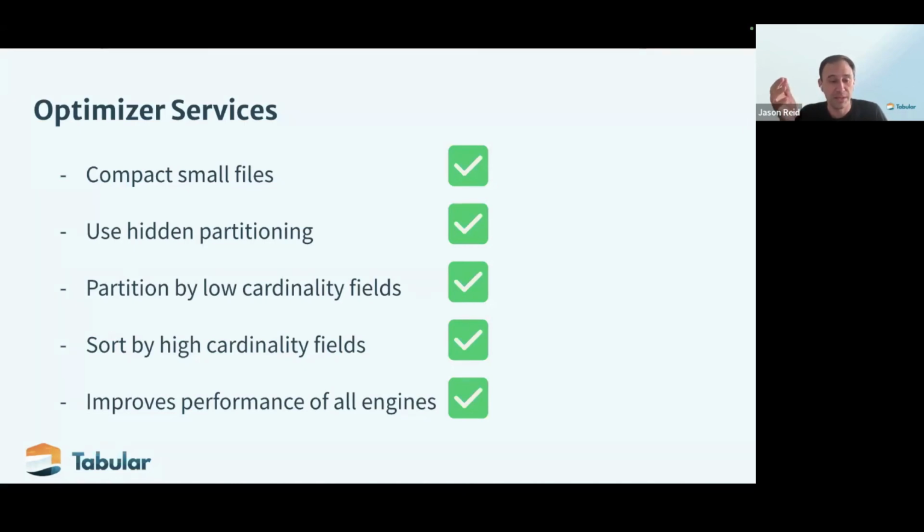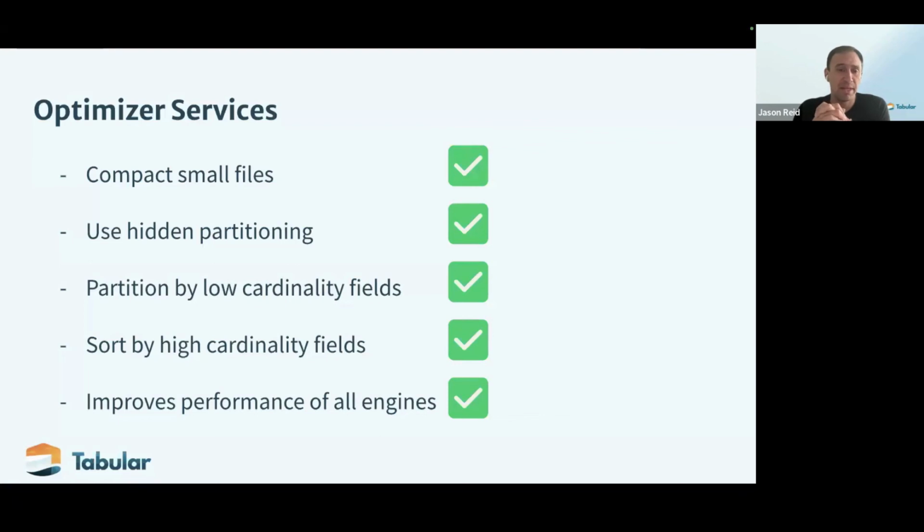Again, we do that very intelligently, deciding when to compact files, how many files to compact at a time. If you've tried to do this yourself in other engines, there are a lot of challenges with doing it at scale. You've got tens or hundreds of thousands of jobs. You have to contend with memory challenges and commit contention. And we're handling all that behind the scenes in Tabular.